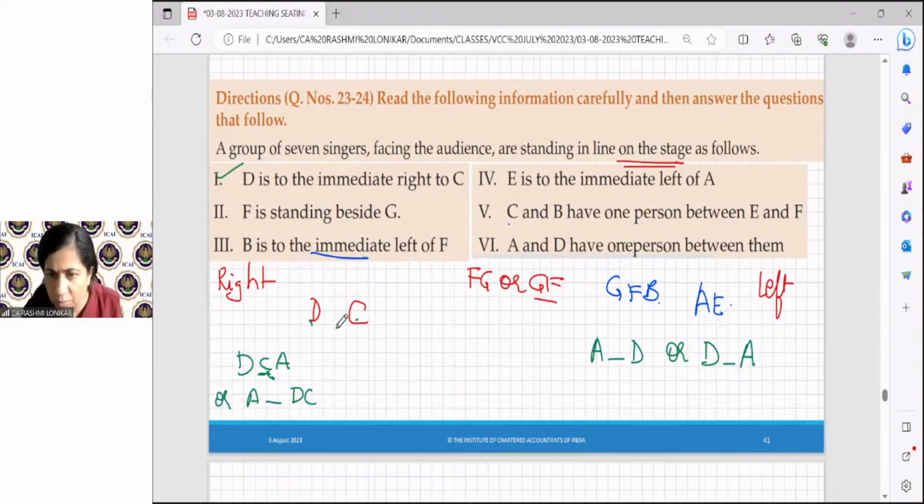F is standing beside G. Okay, so I have that also, GFB. And what do I have? C and B have one person between E and F. So B and F, there is one person. Okay. So G, F dash B.